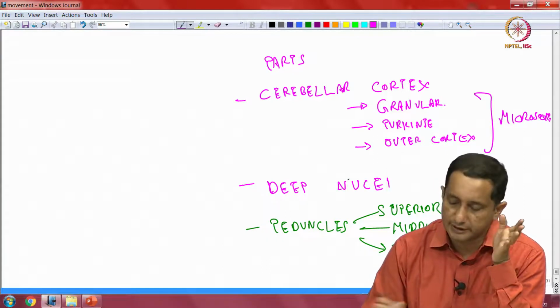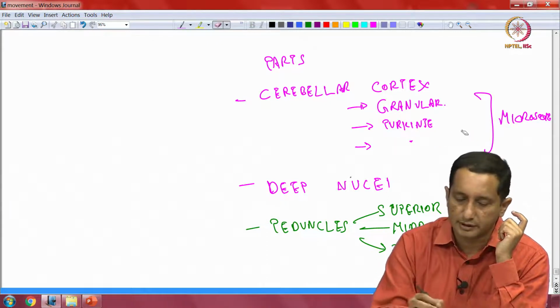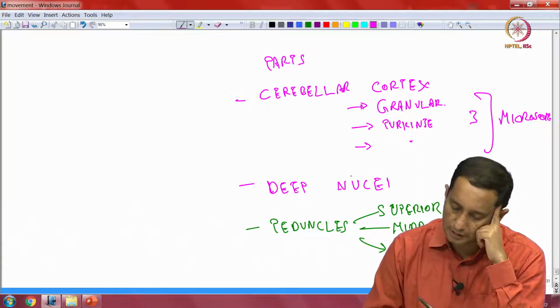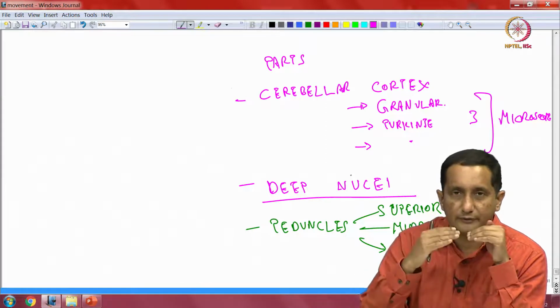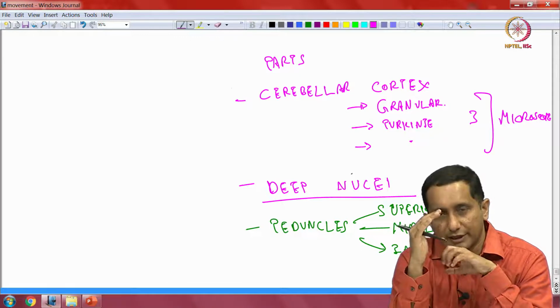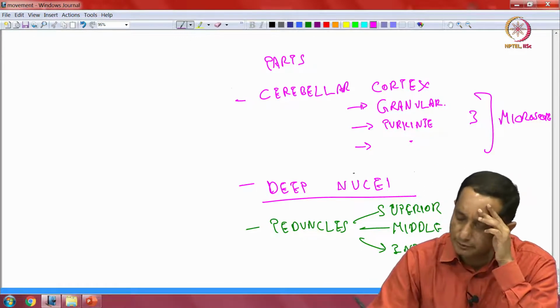I think this is wrong, I will correct it in the picture. So, 3 layers. Then you have the deep nuclei, which sort of replicates the anatomy of the cerebrum, in which you have cortex and basal ganglia. Only here it is called deep nuclei.